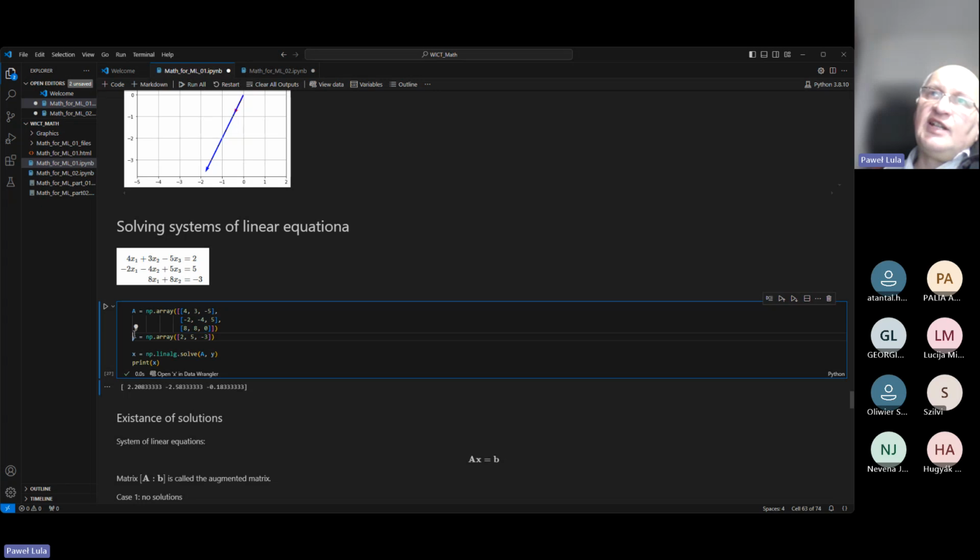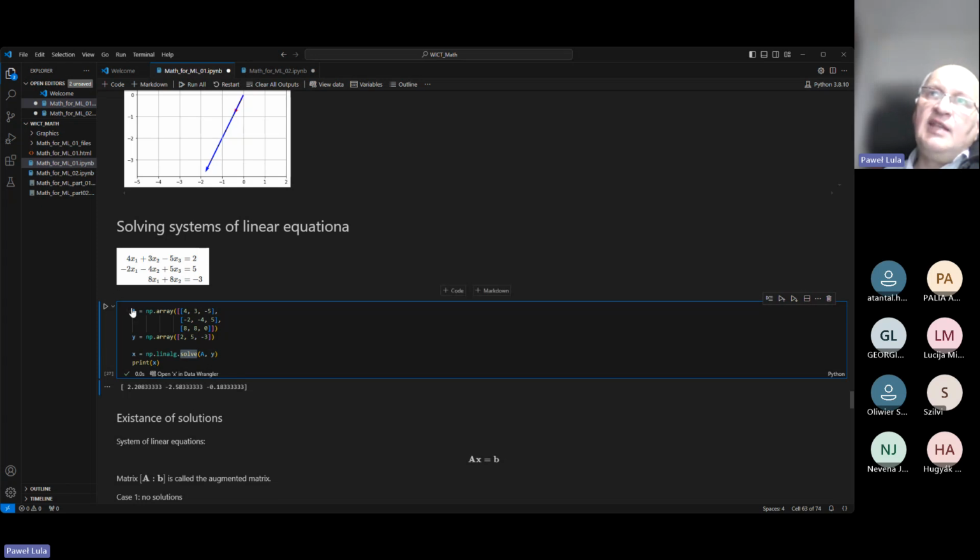And in this vector y, we have the values which we have on the right side of every equation. These values are called constant values: 2, 5, minus 3. So the parameters of our task we defined here. And if we want to solve this system of equations, we should use the solve function, and two parameters are necessary.